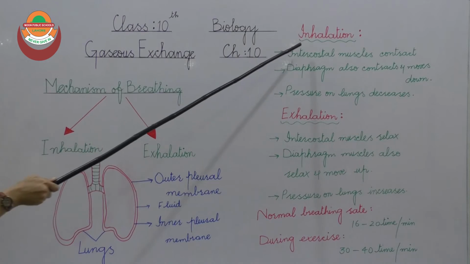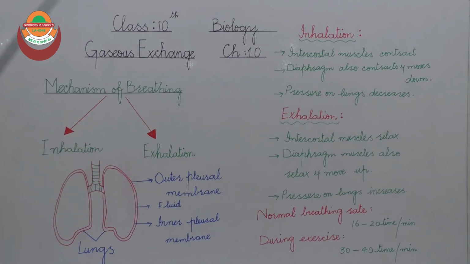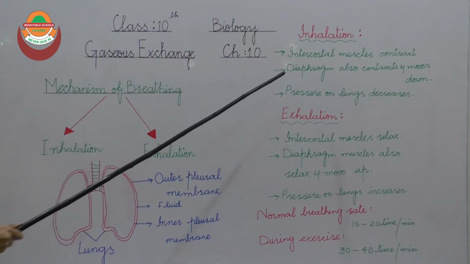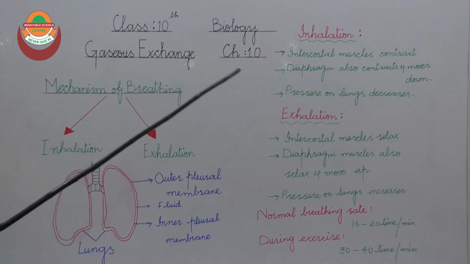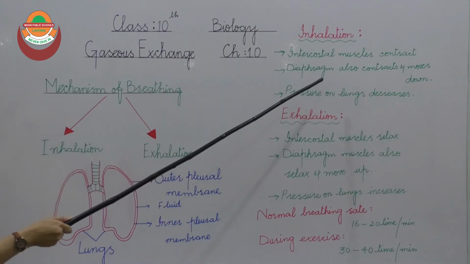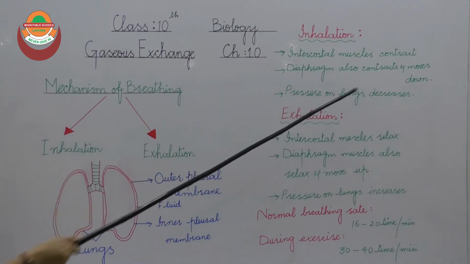The first one is inhalation. What happens during inhalation? As I have told you earlier, inhalation is a process during which animals take air in to get oxygen. During inhalation, the intercostal muscles contract and the ribs are raised. The diaphragm also contracts, and when it contracts, it moves down.